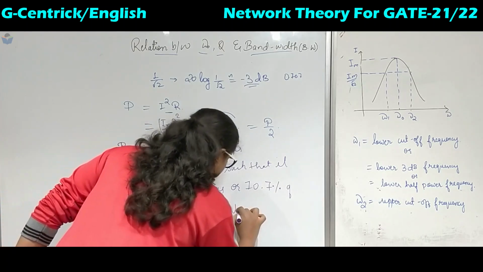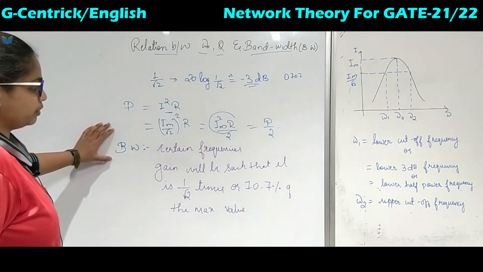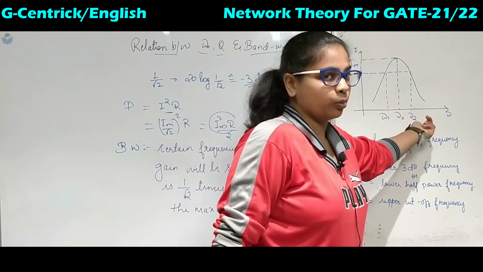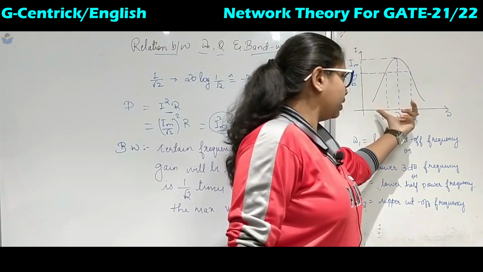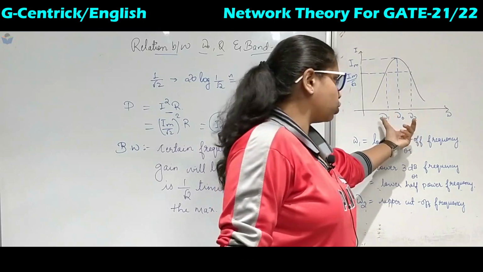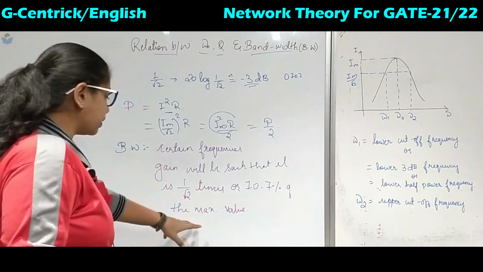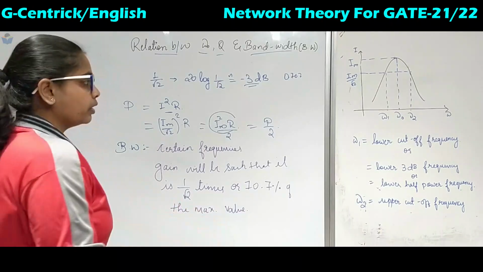So this is the definition of the bandwidth. These certain frequencies are nothing but omega 1 and omega 2. When you take the difference between them, their gain should be 70.7% times the maximum value.